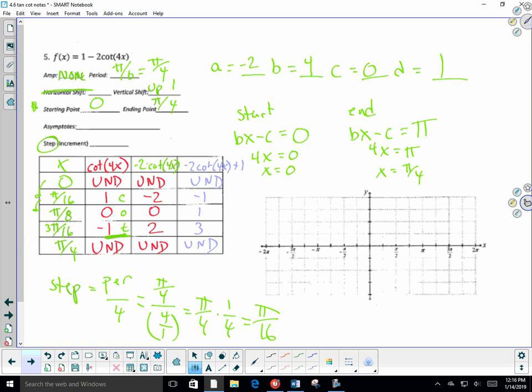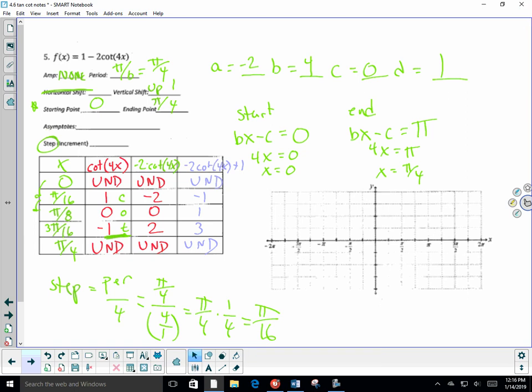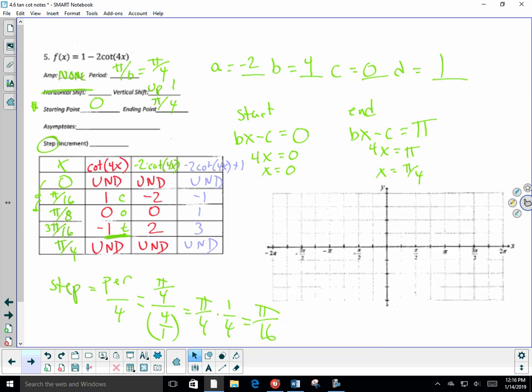All right, and so if we're graphing this, I'm going to change my increments, and let's go by pi over 16s here. So if this is pi over 16, this is 2 pi over 16, which is pi over 8. Here's 3 pi over 16, 4 pi over 16 is pi over 4, and so on.